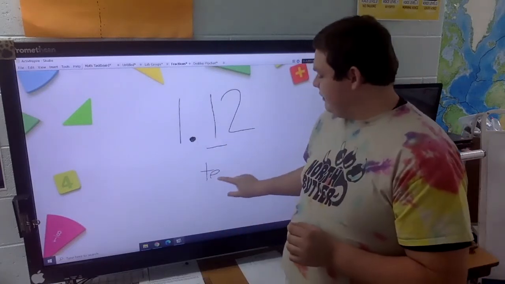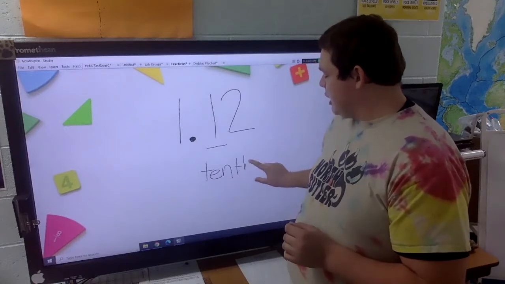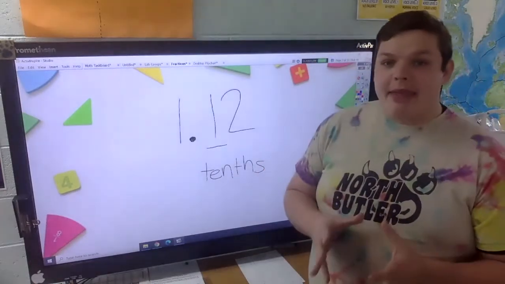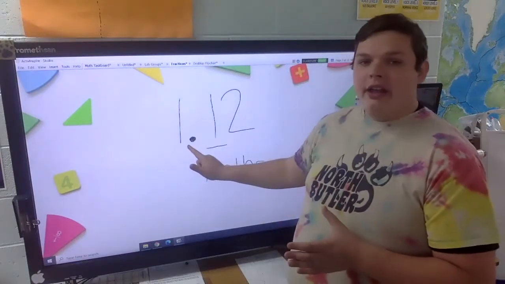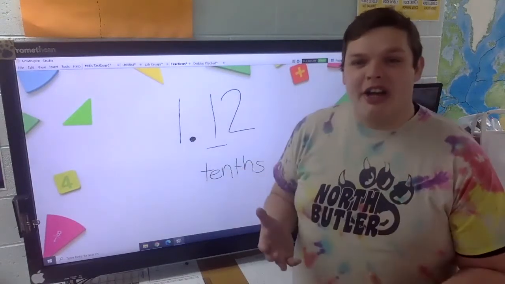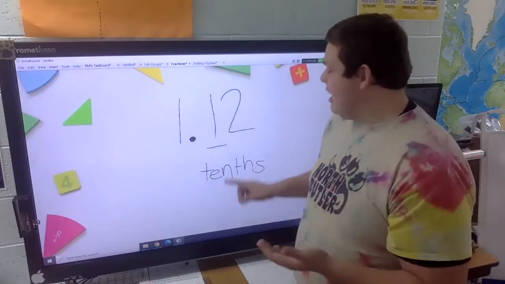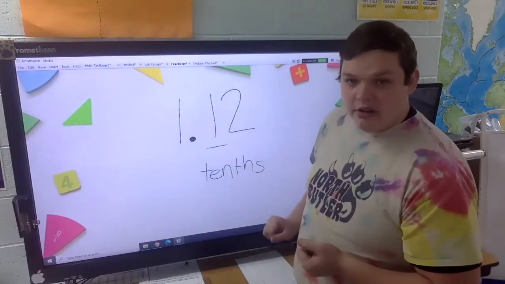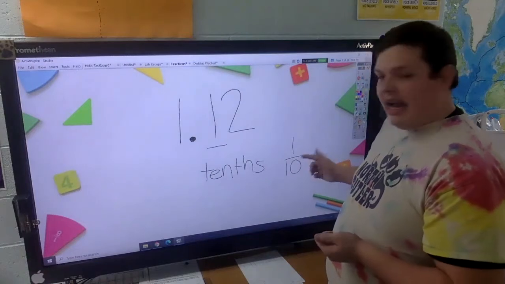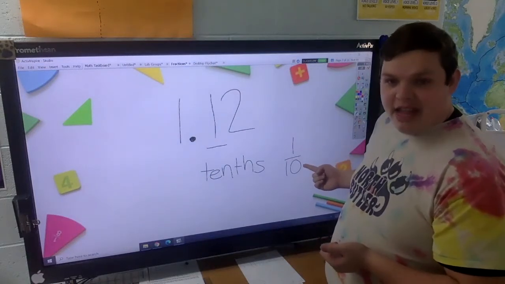It's called the tenths place. Okay, that means that if I cut my whole into 10 pieces, whatever number I have here is like the numerator of my fraction. So for instance, just this part that's underlined would be equal to this fraction. I have one part, it's cut into 10 pieces.